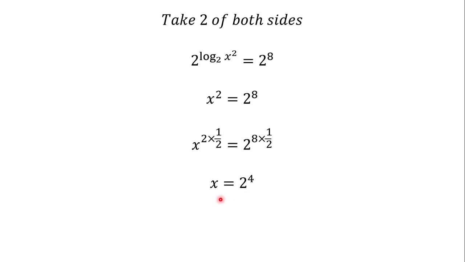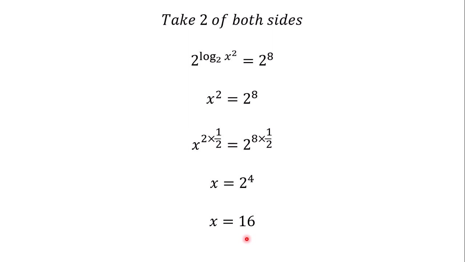Okay, so x is equal to, now the value of this is 16. So x is equal to 16. If you want to find out that this answer is correct, you can go back to the original equation and plug in the value of x.